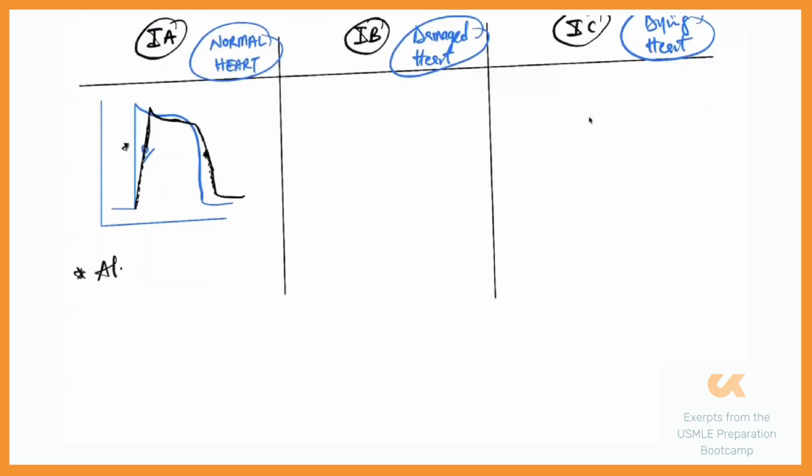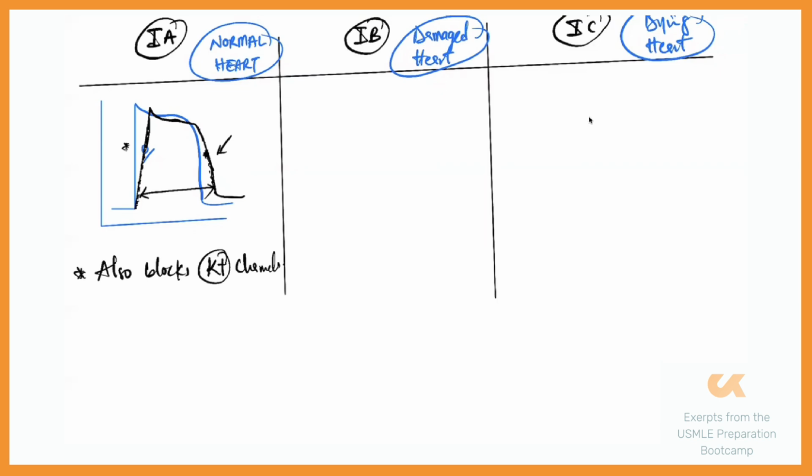So remember this, class 1A medications also block potassium channels. This could help you understand why you should have this outward movement over here. Overall, you have actually increased the action potential duration. You've increased the length of time it took.